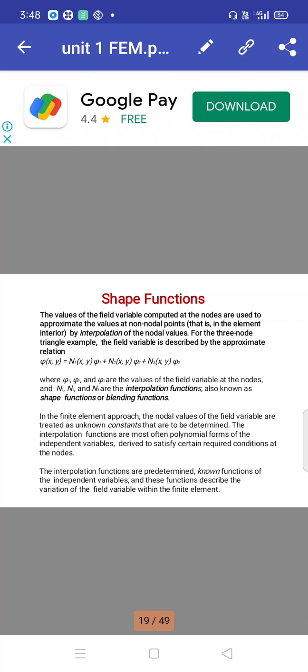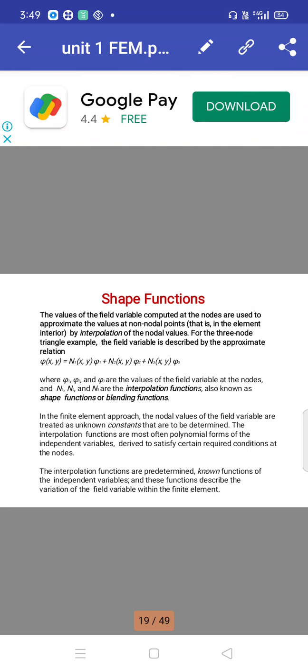By interpolation of the nodal values for the three-node triangle example, the field variable is described by the approximate relations. We only consider approximate solutions, which are acceptable here.